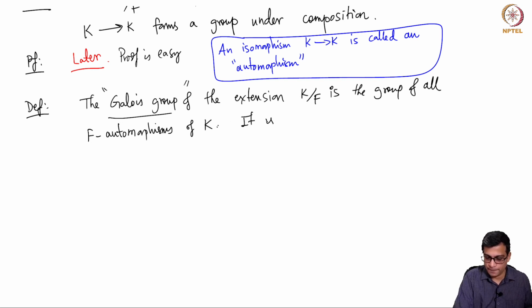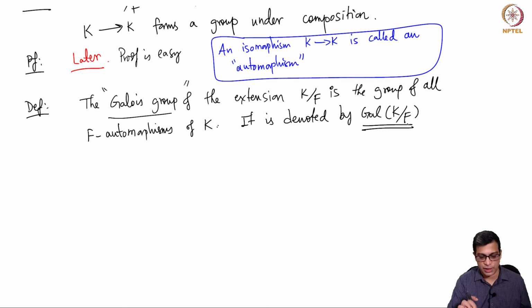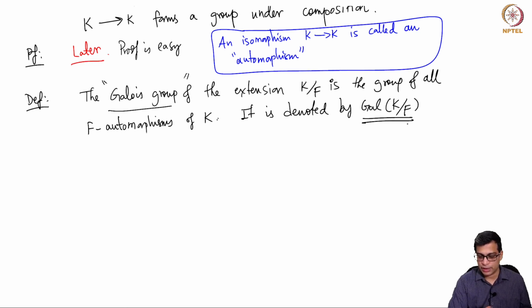It is denoted by... so this is really we are getting to the beginning of Galois theory. So this is an important object that Galois theory studies. So it's called the Galois group.